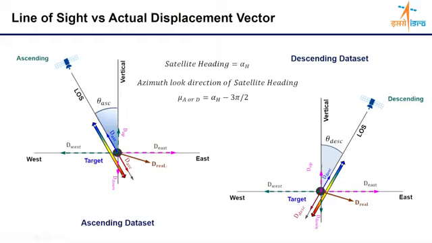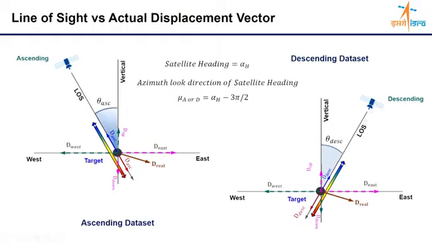So we will try to establish the relationship between the line of sight motion, towards the satellite or away from the satellite, and the different components of the motion vectors. This is the scenario if we are acquiring the data set in the ascending pass. This is theta, the incidence angle.